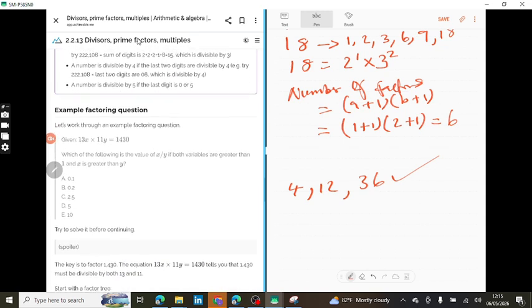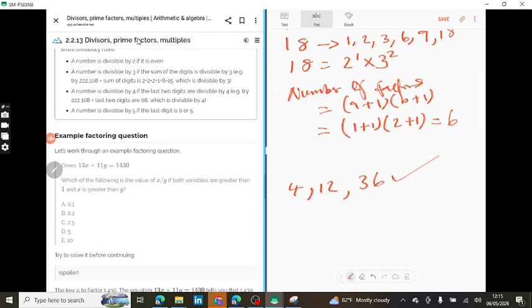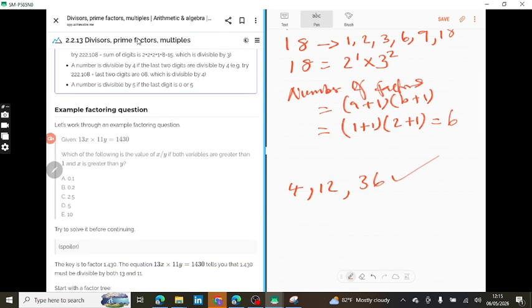Let's see. Is this the question? Let's walk through an example factoring. Given 13x times 11y equals 1430.